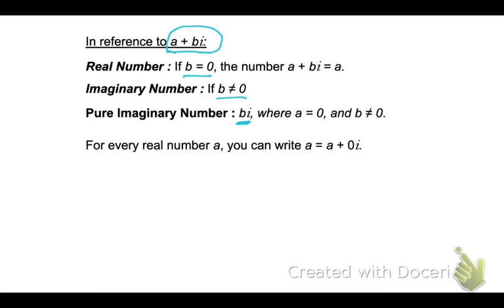So 17I is a pure imaginary number. 6 is a real number, yes? 6 plus 17I is an imaginary number. You can make any real number an imaginary number by just doing this. Seems kind of silly, but can I do it? Yes.